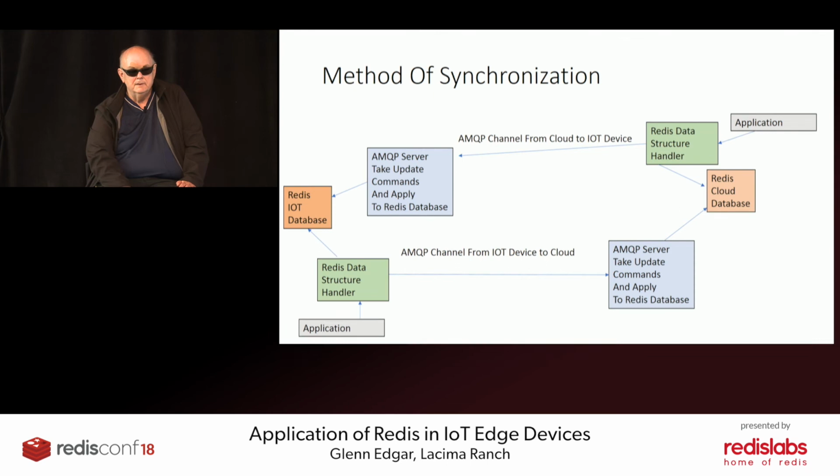If I had to do it myself, essentially what I would do is, there's a common Redis data structure handler. I would add a common handler so every time I made an access, it would send it over to the other side, and the gateway generates changes and publishes them back to the cloud.